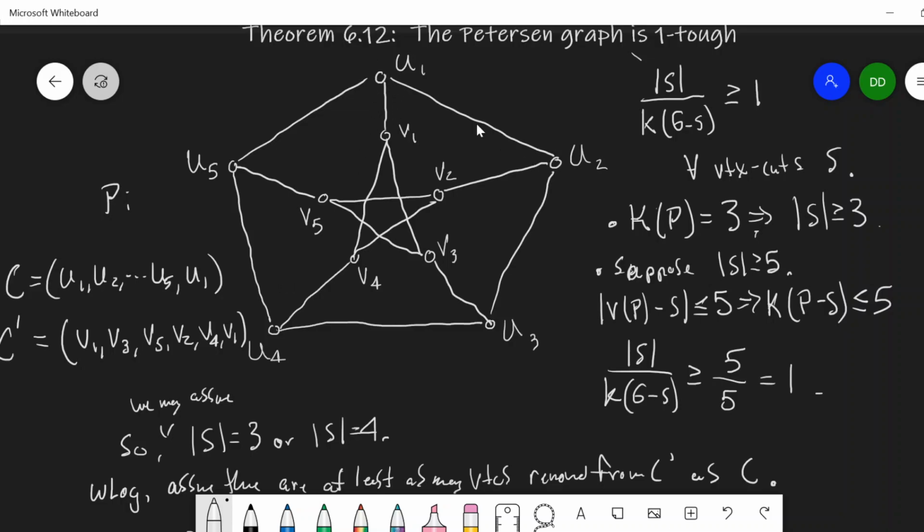No matter how I remove those 2 vertices, I'll always have at least 2 vertices left over that are adjacent to each other. So that means when I remove the 2 vertices from C, I'll have a component of order at least 2. When I remove 2 vertices from C prime, I'll have a component of order at least 2. Remember, I only had 6 vertices left over after removing the 4 vertices. 2 of the components have at least 2 vertices apiece in them. So now I'm up to 4 vertices.